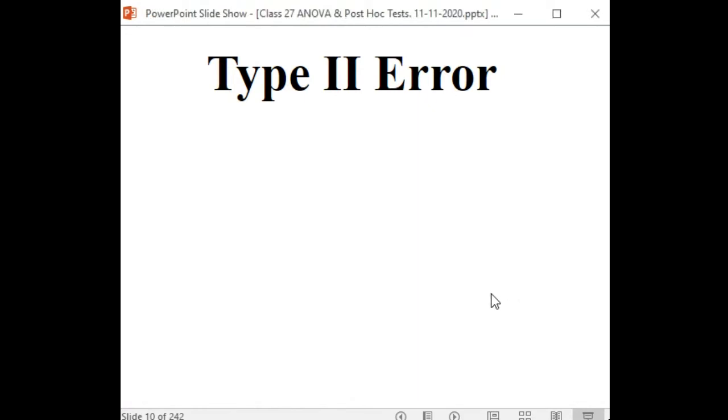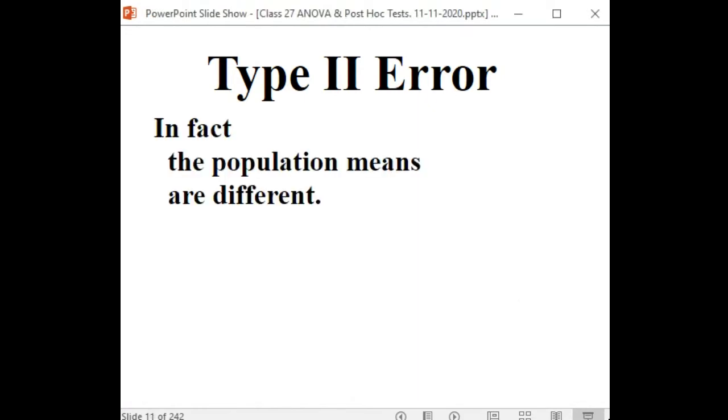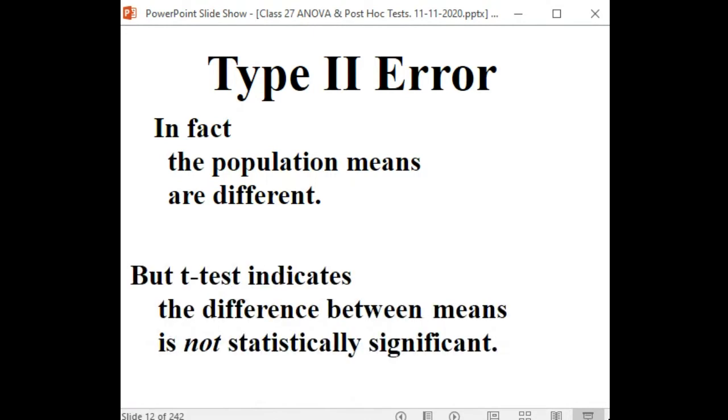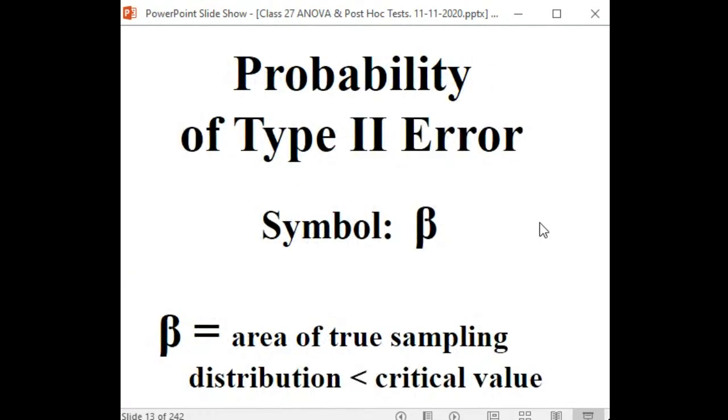Now, type 2 error occurs when, in fact, the population means are different, but the t-test indicates that the difference between the means is not statistically significant. The probability that we'll make this kind of error is represented by the Greek letter beta.